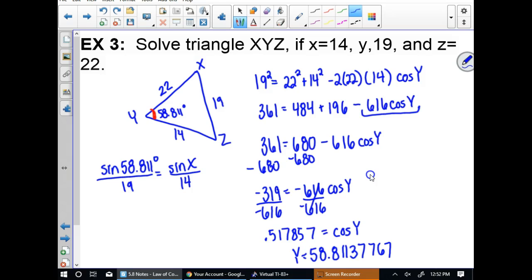I'm only finding x because Hannah told me to. You could find z first. It doesn't matter. So we're going to cross multiply. So we'll have 19 sine x equals 14 sine 58.811.